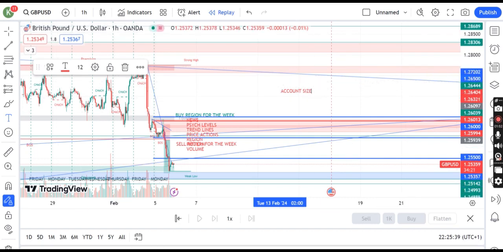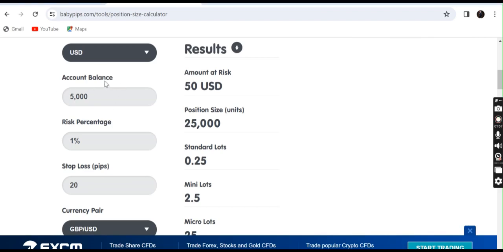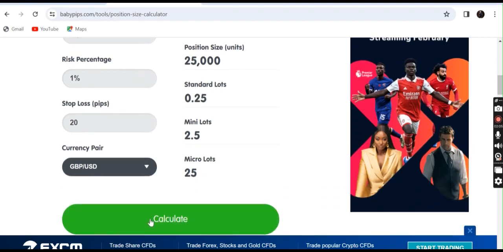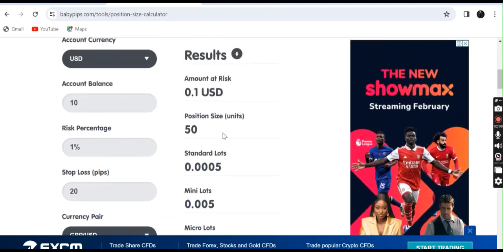Like if you see the position calculator, the first option here is account. Imagine someone who wants to trade small accounts like $10. If you calculate the position for $10, you'll find that if the person goes in with a standard lot of 0.005, the person is risking about 0.1 USD in this particular trade.